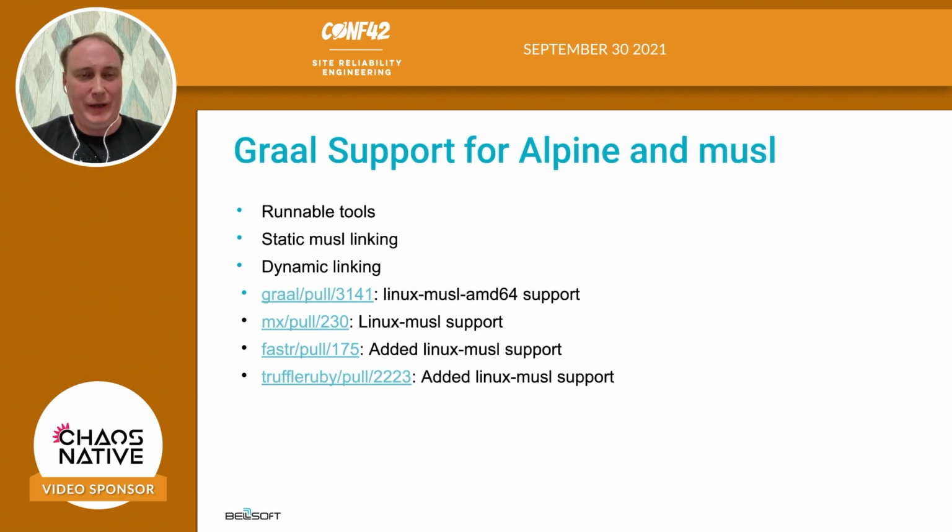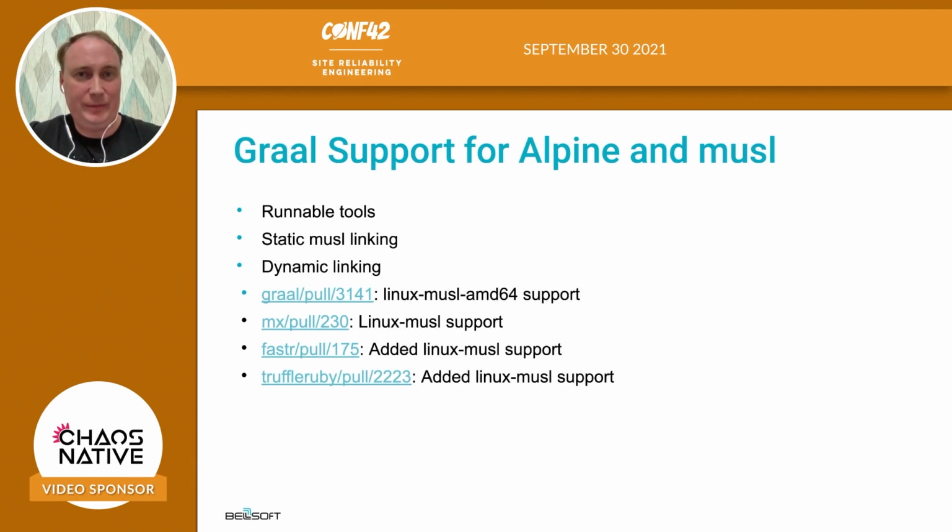To support Alpine, we had to support both the GraalVM native image tool as a compiler working in such an environment, and also the generated native images working again in the Alpine environment.